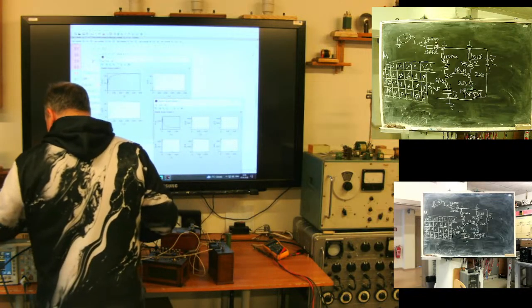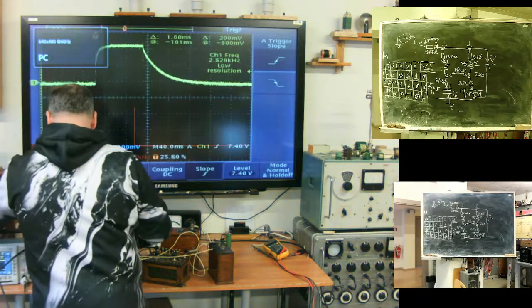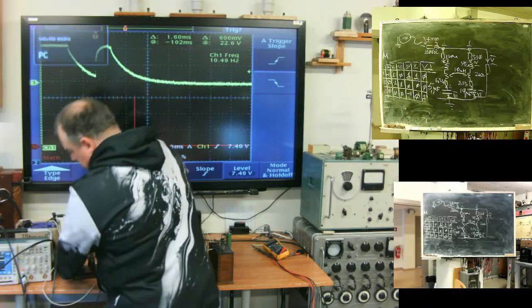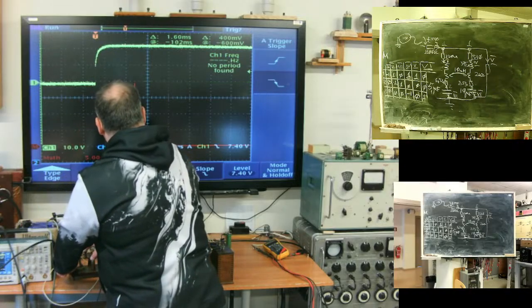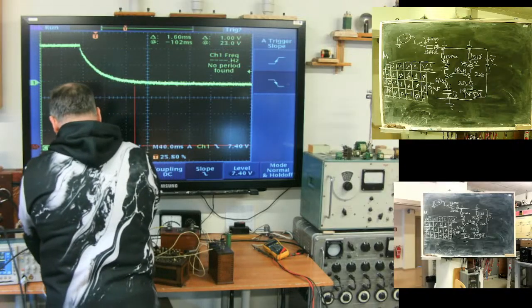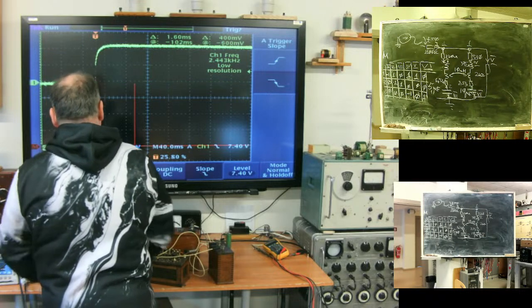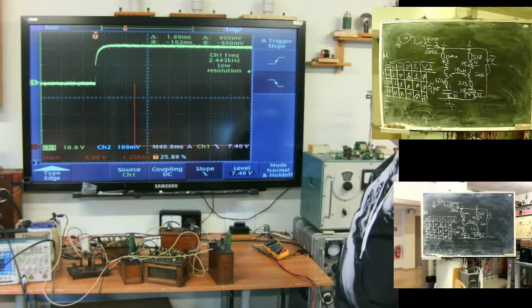Scope is at node 1. Here, voltage at node 1.